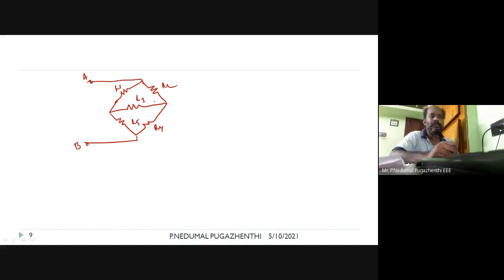We normally call this a Wheatstone bridge. If you have a voltage source available here, you count this as a Wheatstone bridge, right? We will see that.